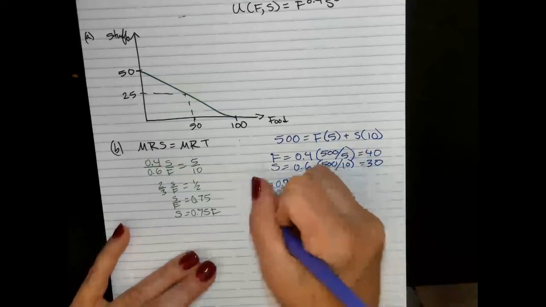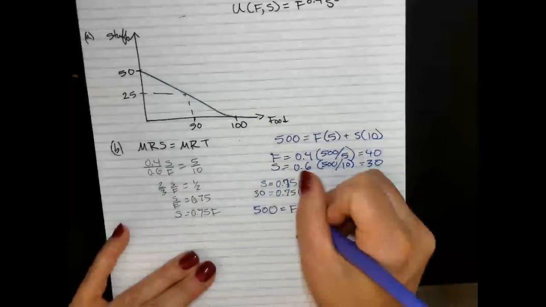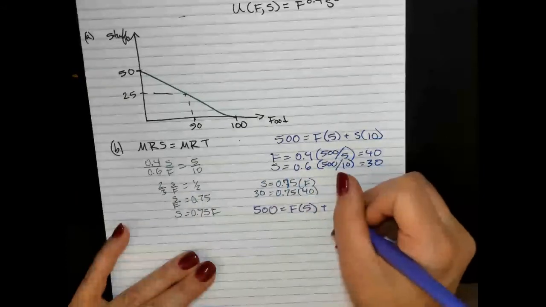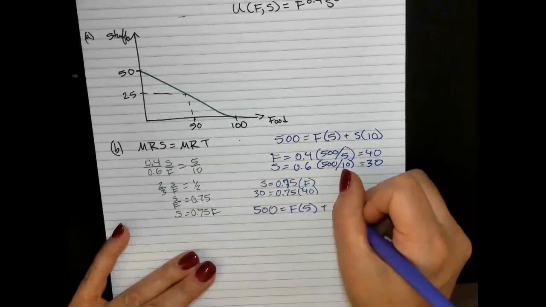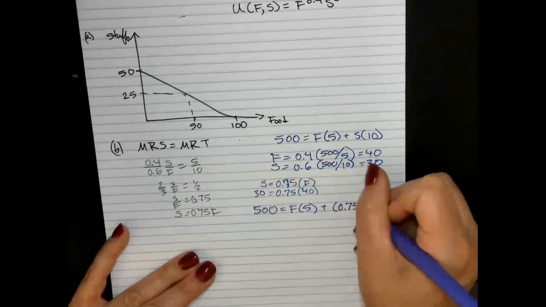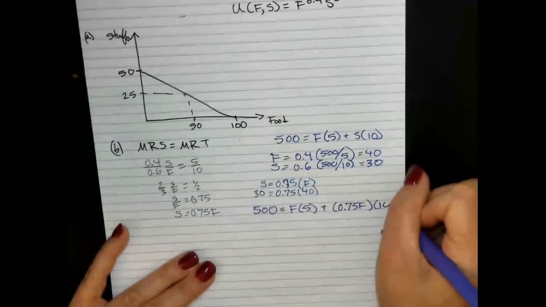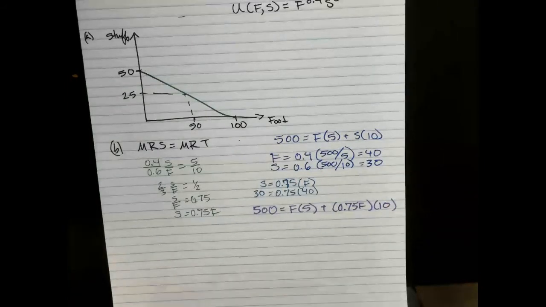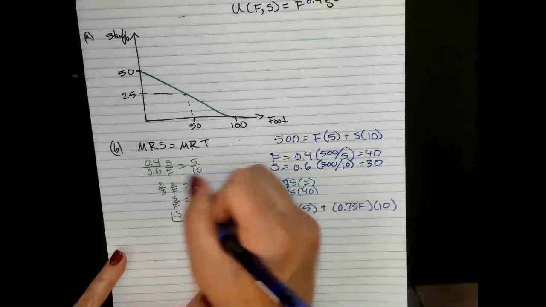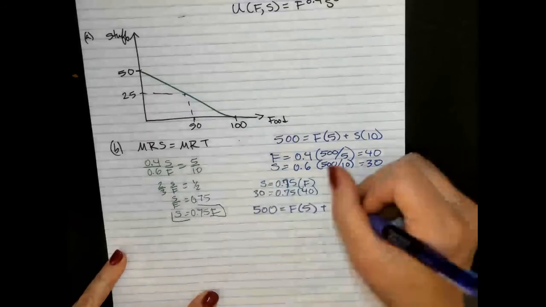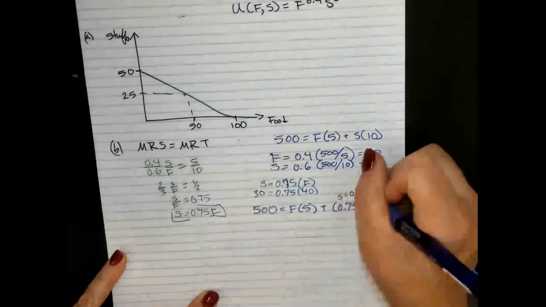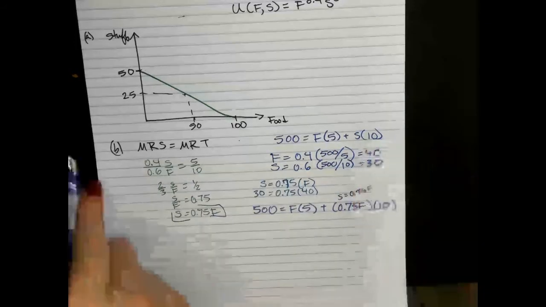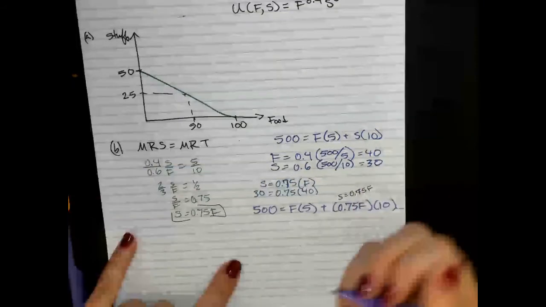So if we have 500 equals F times $5 plus S, which is 0.75 F times 10, what we've done here is we've said that S equals 0.75 F. And then we just go through and solve it algebraically.